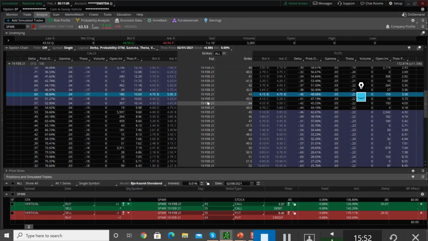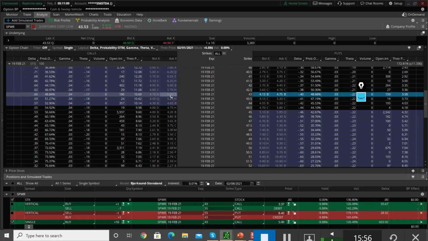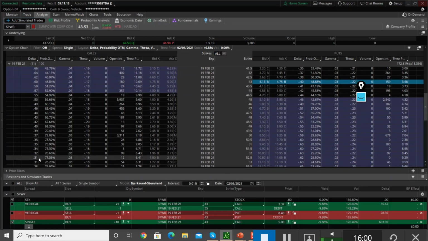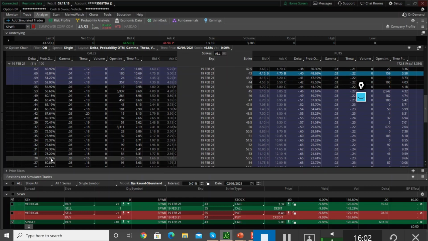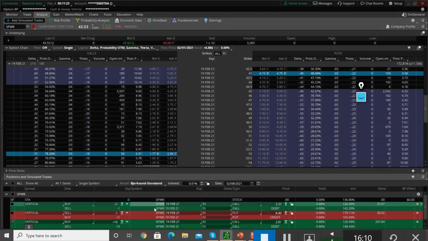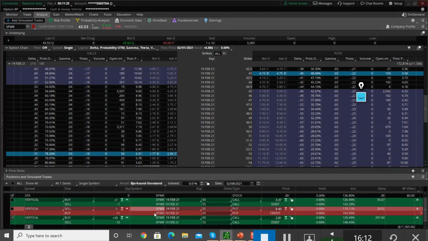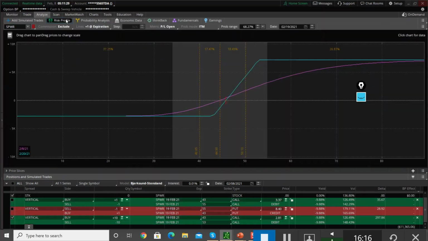So we'll do the delta 60s, like I said, which would be the 43s. Sell the delta 30s. So we have 31, 28. Which one do I want? We'll go 31. Which in that case is a 43/53.